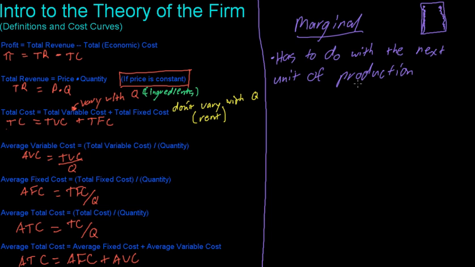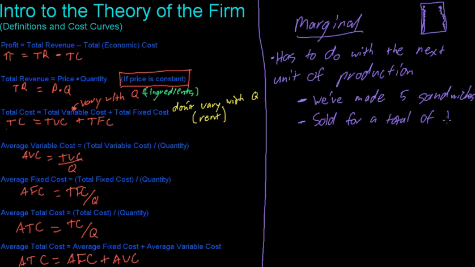And so what we're talking about here is, let's say we've made 5 sandwiches. It's easier to explain with an example. So we've made 5 sandwiches, and let's say that we sold them all, so sold for a total of $25.